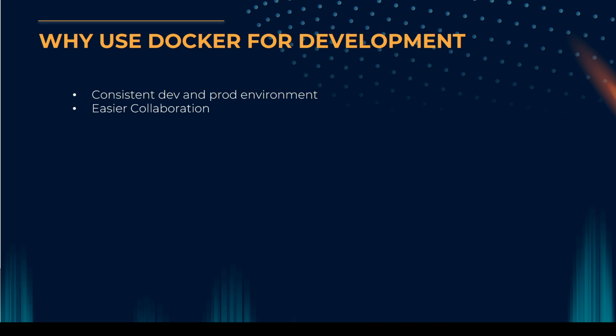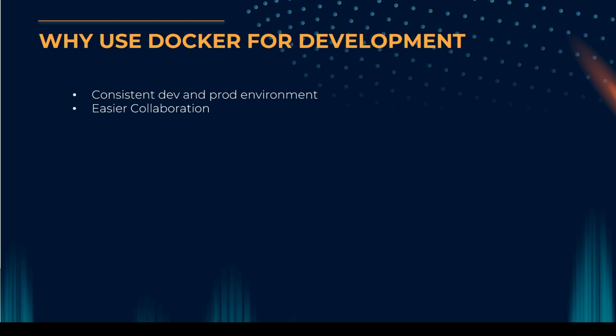This often happens because the dependencies on my machine are different from the dependencies on theirs. Dependencies are basically any software or package that a project relies on. And if they're not consistent across machines, it can lead to a lot of problems.